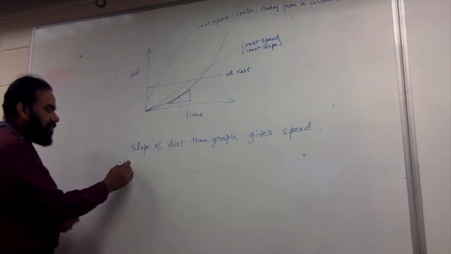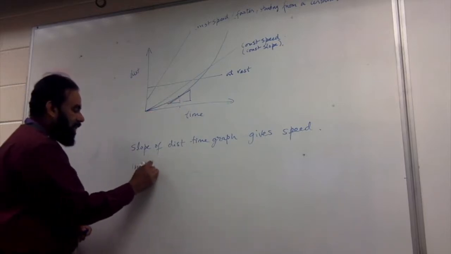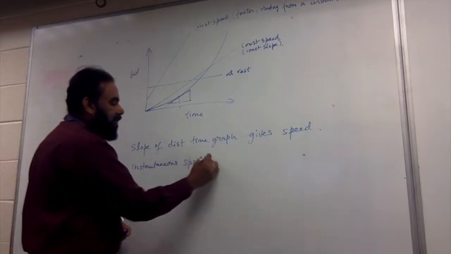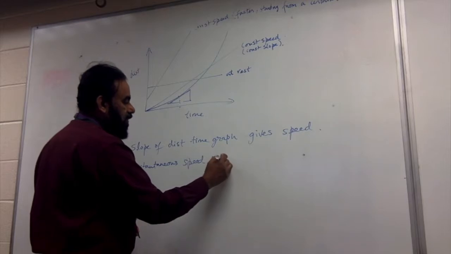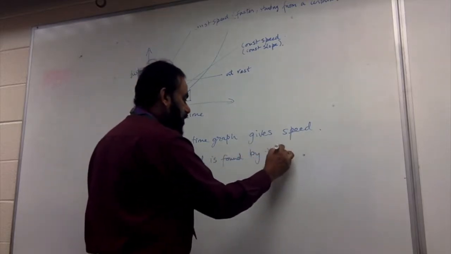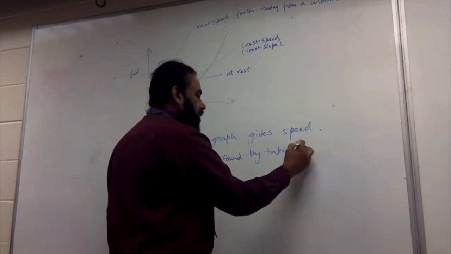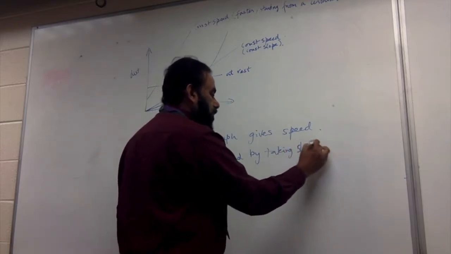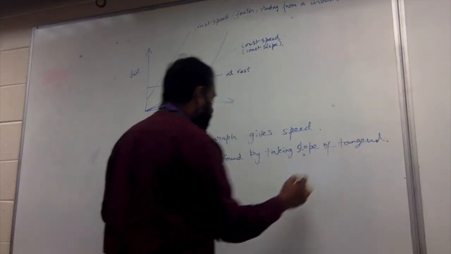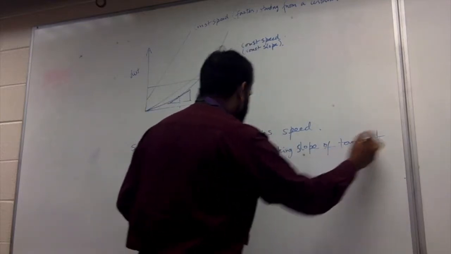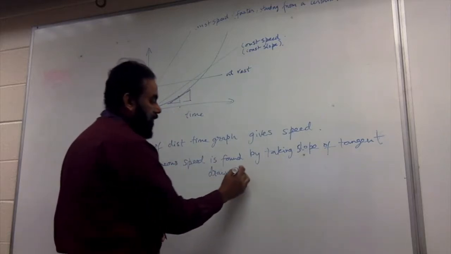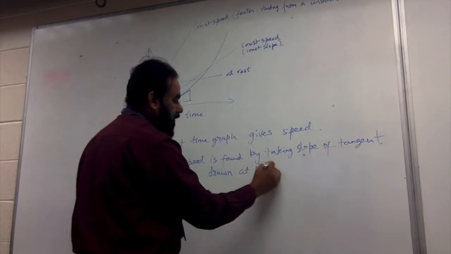You can write that down. Instantaneous speed is found by taking the slope of the tangent drawn at that instant.